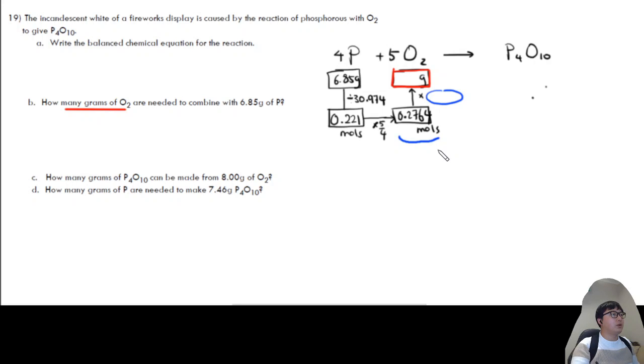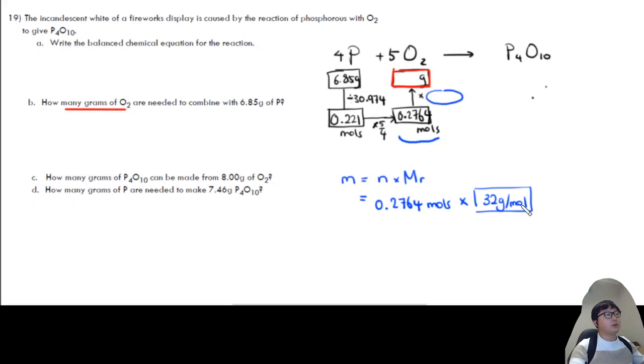We already times by 5 here. So you know the formula for mass is number of moles times the molar mass. So you've got to times the number of moles, 0.2764, by the molar mass. What's the molar mass of oxygen? But there are 2 of them. 32.